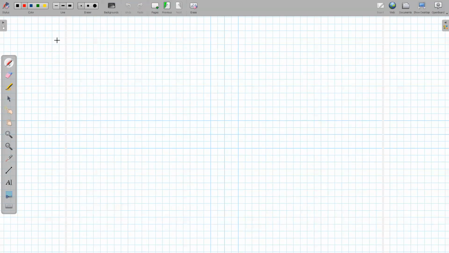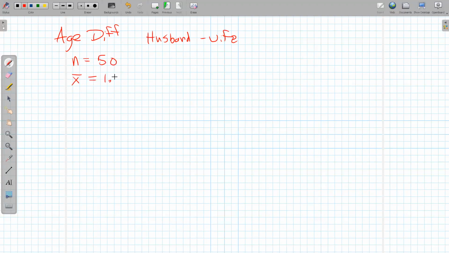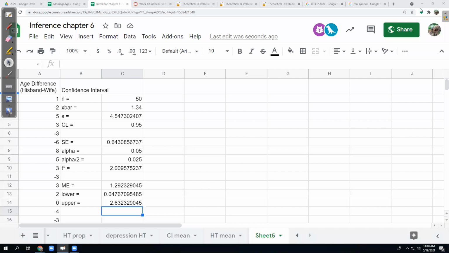So we have age difference, husband minus wife. We have a sample of size 50 with a sample mean of about 1.34 and a sample standard deviation of about, to 2 decimal places, 4.55.